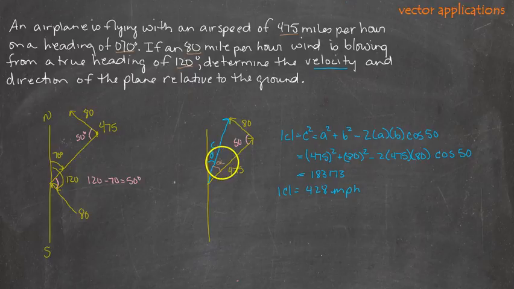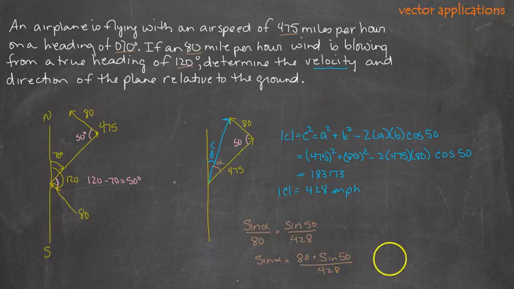Well, I have the sine of alpha over, well, what's the opposite? 80 is going to be equal to the sine of 50 over whatever the opposite is, and that's what I have here, 428. So the sine of alpha is equal to 80 times the sine of 50 over 428.